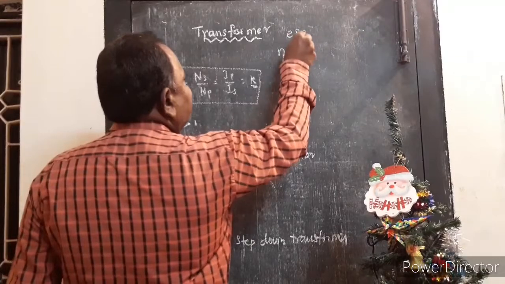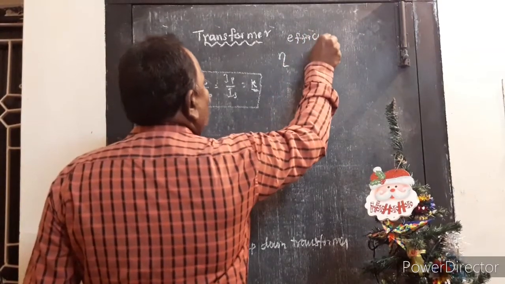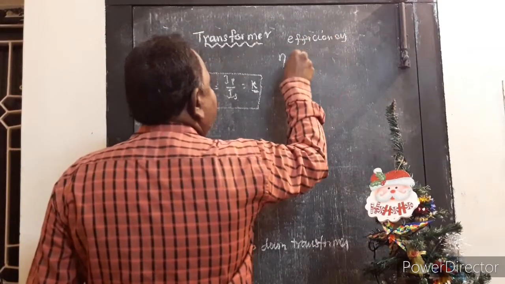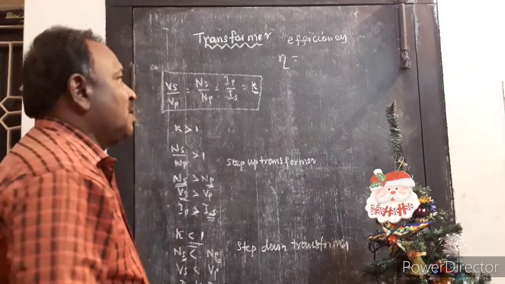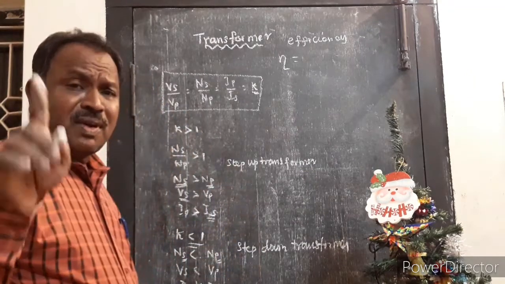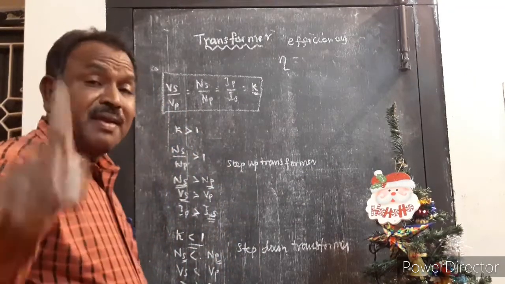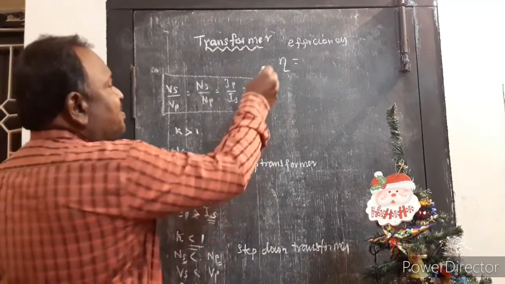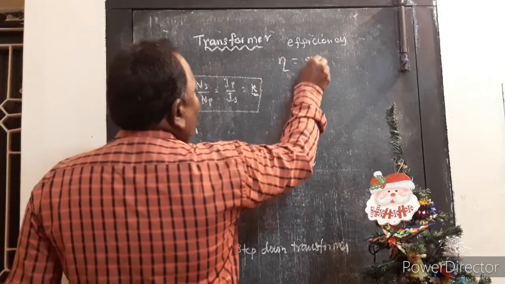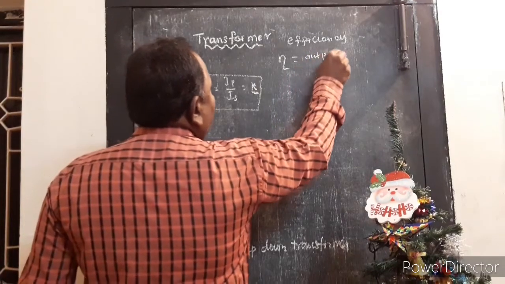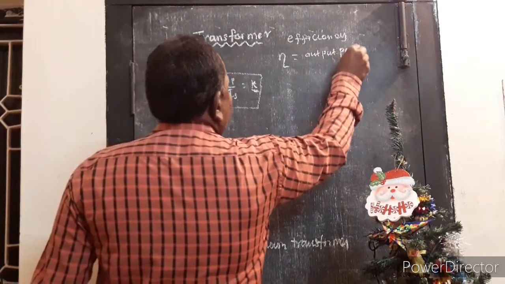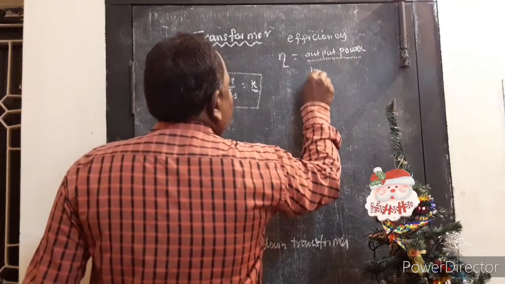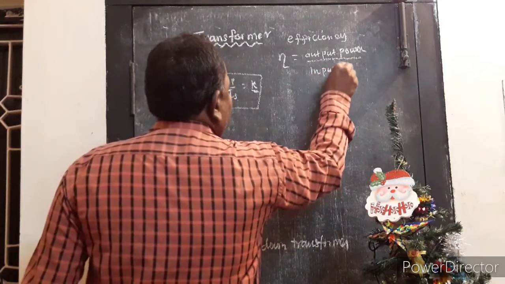The efficiency of a transformer is given by eta. Already I told you for an ideal transformer, input power is equal to output power. So efficiency is obtained by output power by input power.